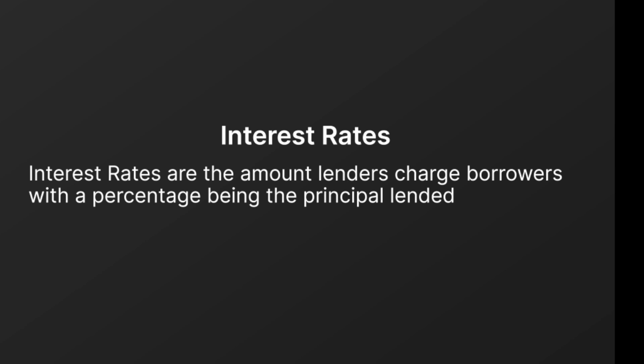So I want you to think about if you were to go buy a car, right? Or if you were to go buy a house, what normally happens? You might not have all the money.